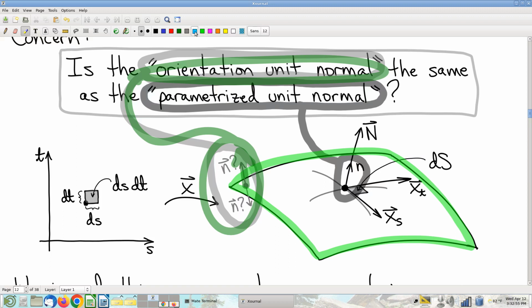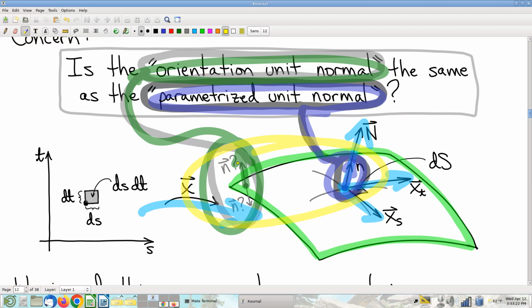On the other hand, when you parameterize, you get various partials that you cross to get the capital N, which you can then normalize to get what we call the parametrized unit normal. And the issue, the little sticky wicket, the thing that made my reasoning on the other page bogus, is the fact that it is not at all clear whether these two normal vectors are equal.